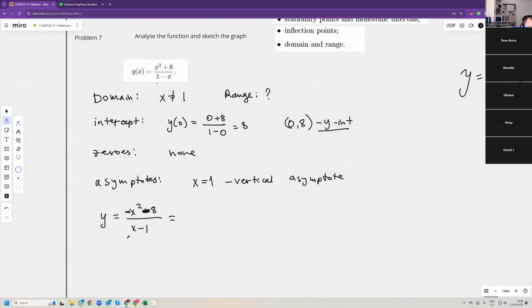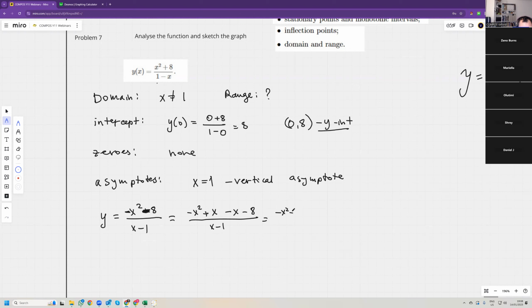I kind of want to simplify this fraction. To do this, I do something quite unusual, I'd say. I do minus x squared. I want to be able to simplify. I want to have x minus 1. So it's going to be plus x. And then I do minus x to compensate. Minus 8. Over x minus 1. So why did I do this? You will see. It's quite clever.